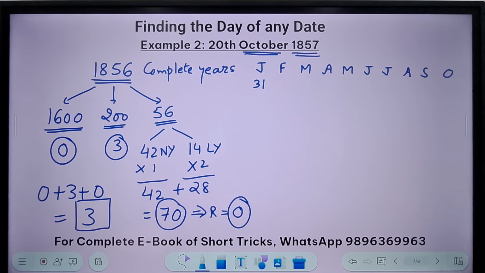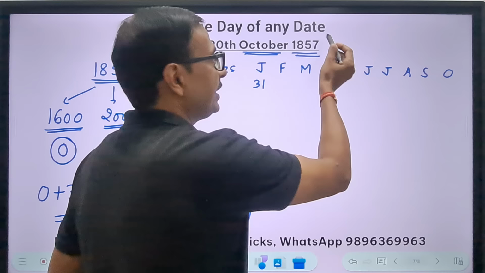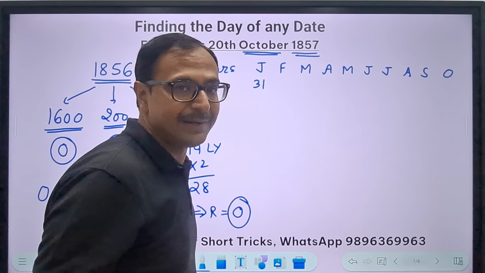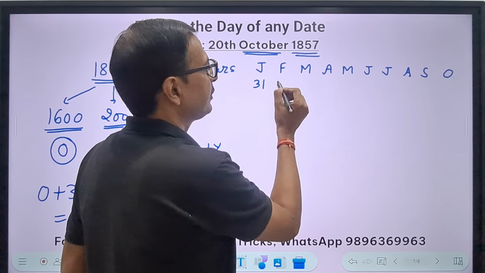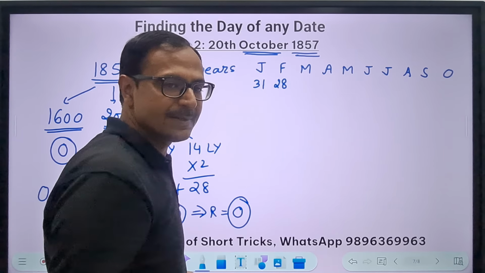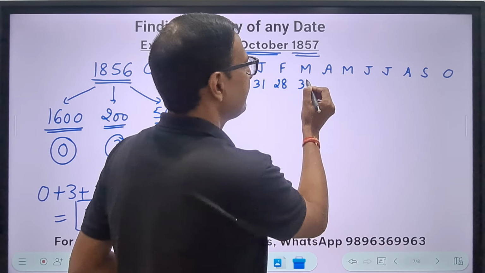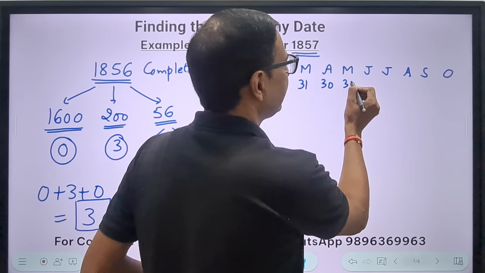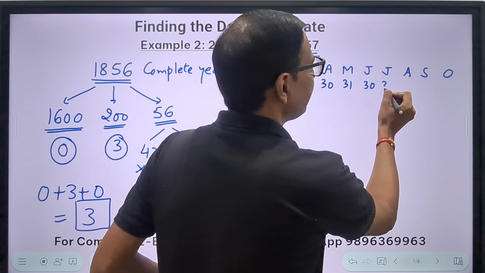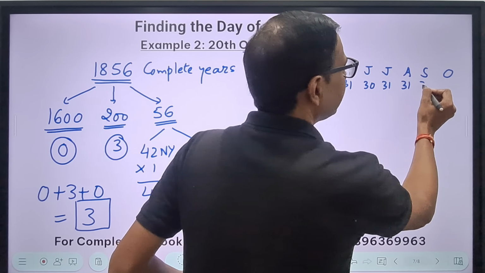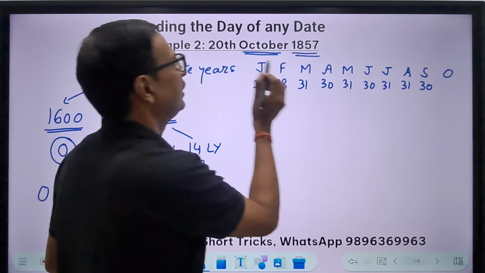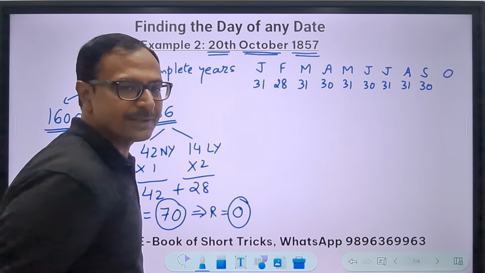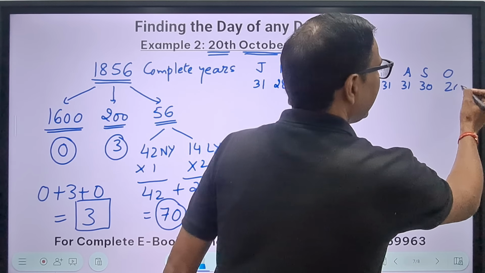So in February, because this is not a leap year, 1857 is not divisible by 4, right? So the month of February will have 28 days, March 31, then 30, then 31, then 30, then 31, then 31, then 30, and then October. What is the date? 20th. So you have to take only 20 days here.